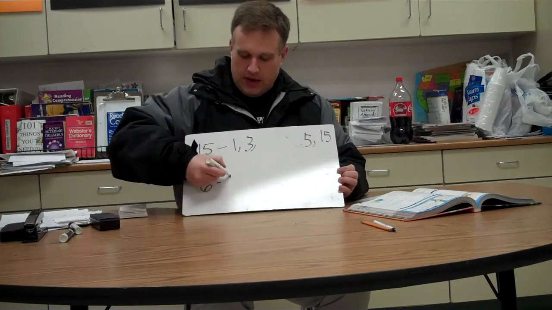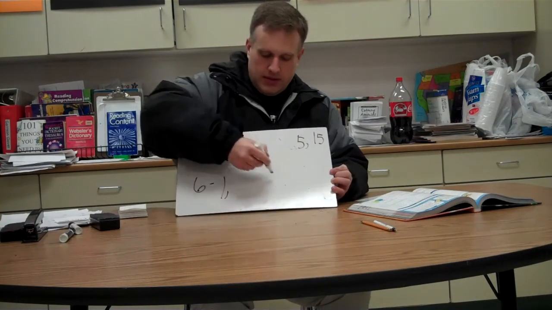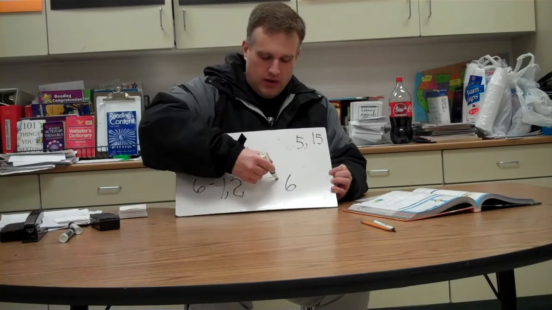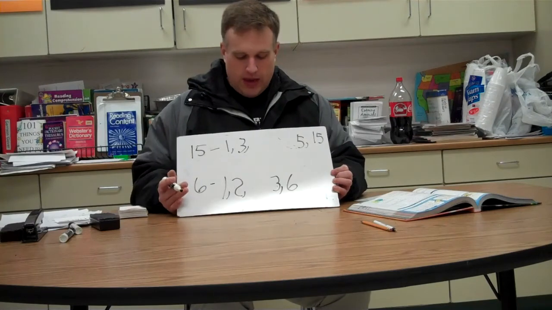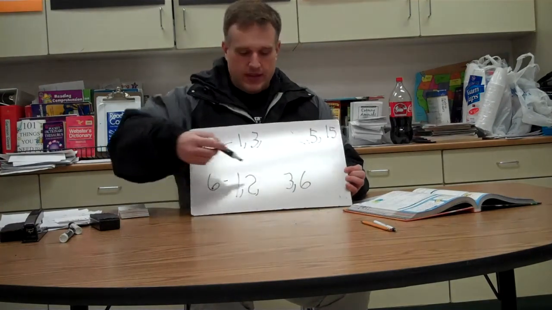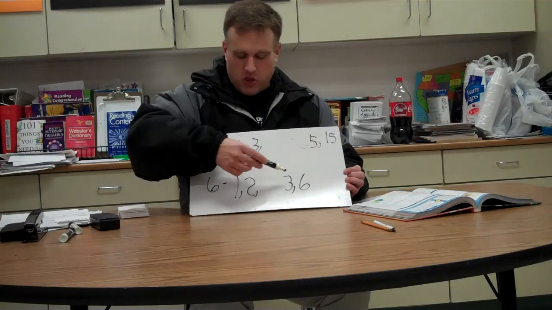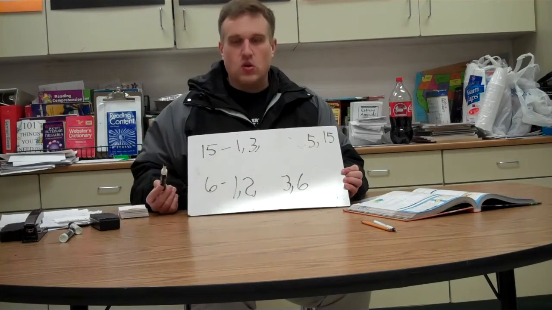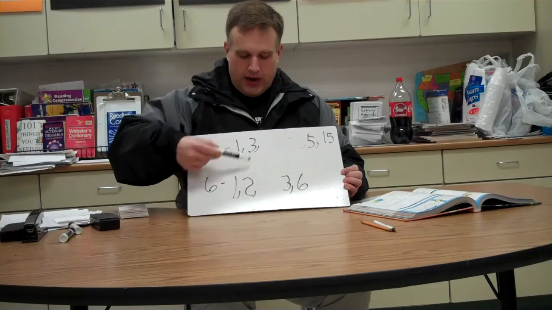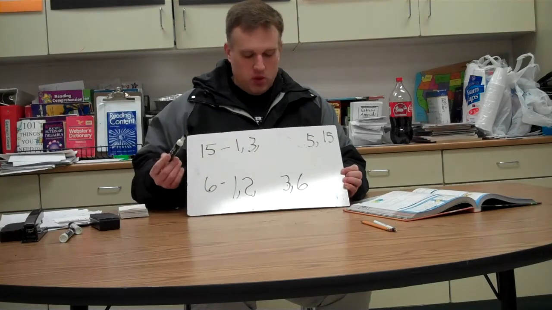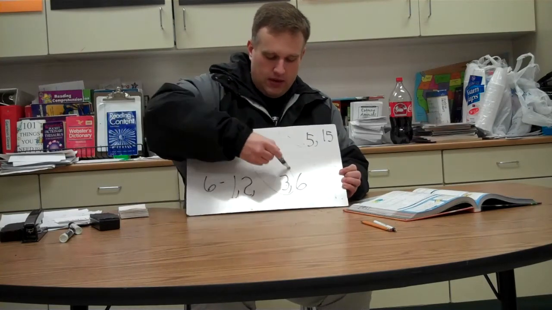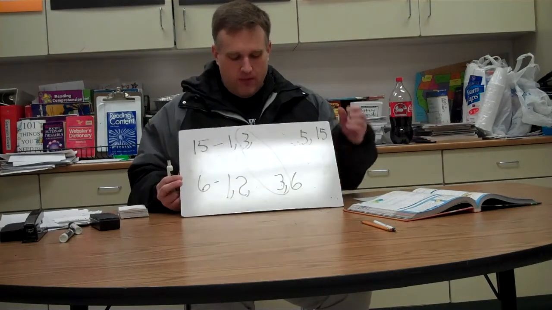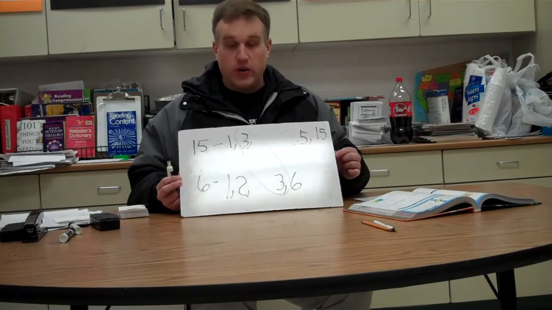And for 6, I know 1 times 6, 2 times 3, and then 4 is not a factor of 6, 5 is not a factor of 6, and I already have 6 here, so I am finished. So again, when I compare my two lists, what is the biggest number in both lists? And it would be 3. So my GCF, my greatest common factor, is 3.